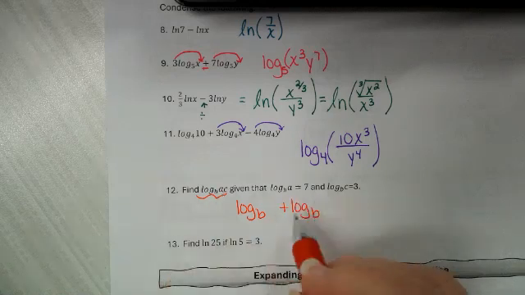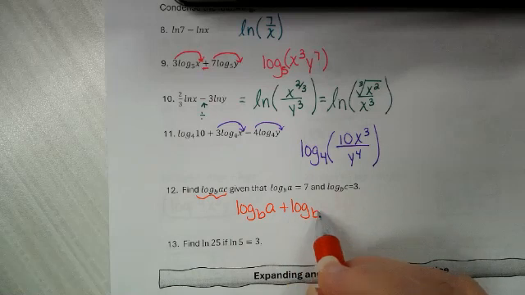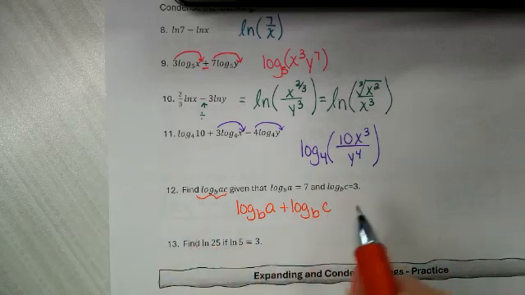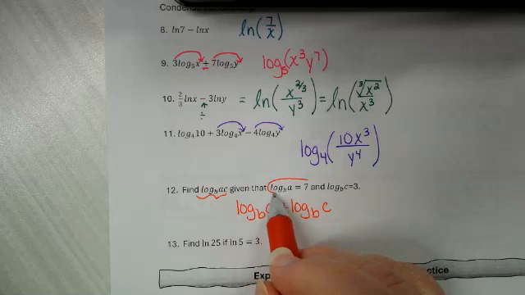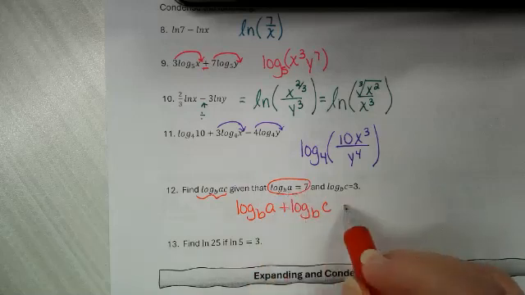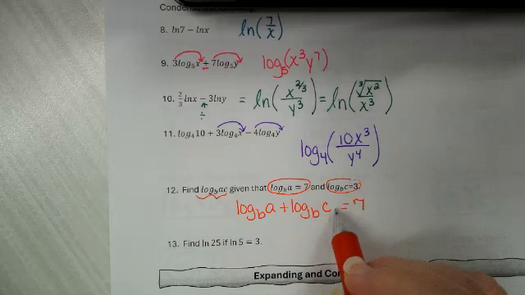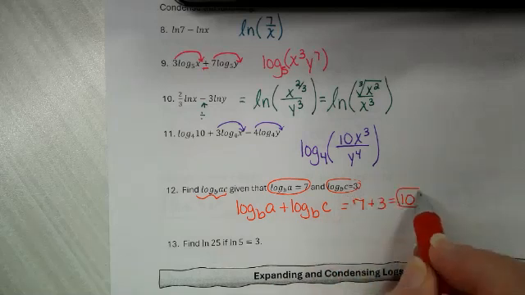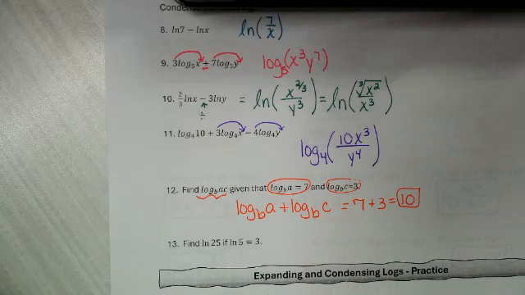It's multiplication, so log base b of a plus log base b of c. I expand it, and then I'm just going to substitute. Since log base b of a is 7 and log base b of c is 3, my answer here is 10. So all I needed to do was expand it and then make substitution.